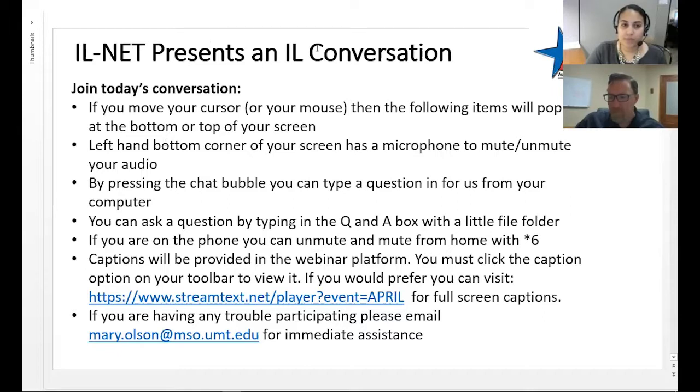So for today's call, in order to participate, if you move your cursor around on your screen, a toolbar should pop up either on the top or the bottom of your screen. In the left-hand corner of your screen, there'll be a microphone to mute and unmute yourself.